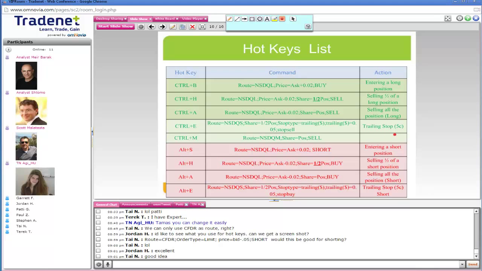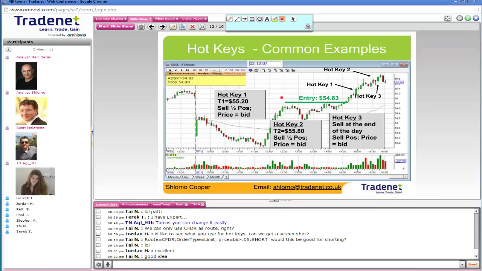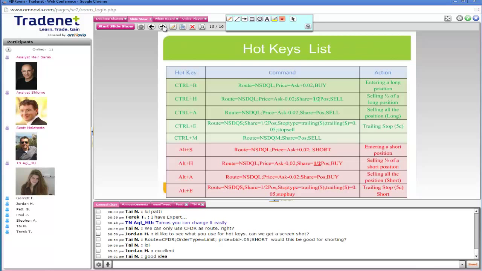If you like to use a trailing stop, when we have momentum, let's say we go back to ADSK, and as you can see, part of the time we are in a stock, and suddenly the momentum is raising its head, and the stock is moving faster and faster. We don't just want to take a partial, we want to ride the gains. We don't know how much the stock is going to achieve, or where the ceiling is going to be.